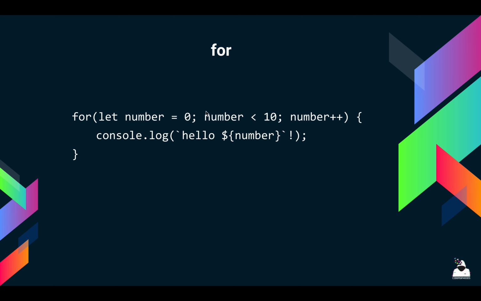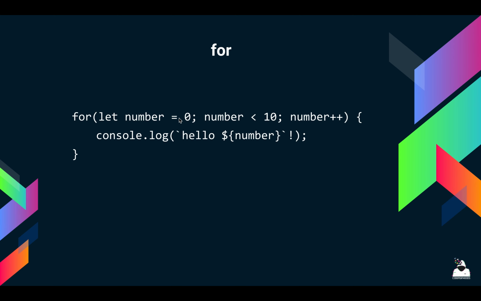Anyway, the next section is the condition. It is what checks to see if the loop should continue running. So every time this code runs, it checks this. If this is still true, then it goes and runs the code again. After it's finished running the code, it runs this bit, and in this case, it is increasing number by 1.